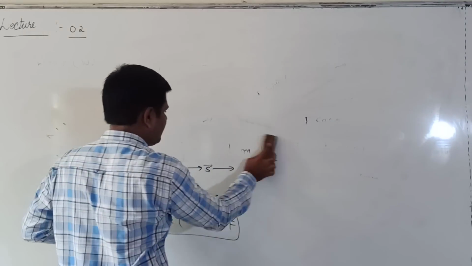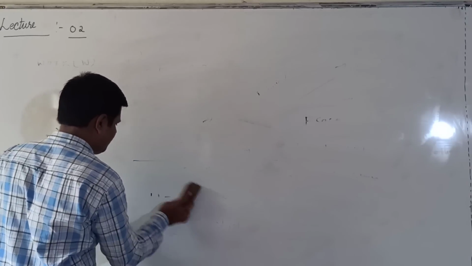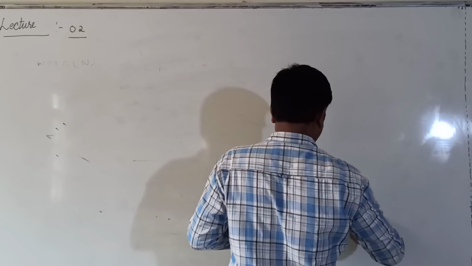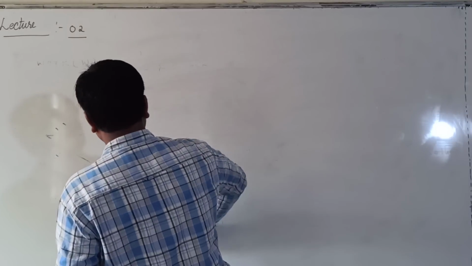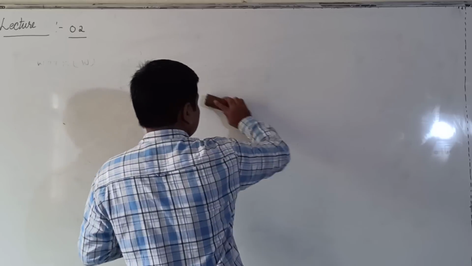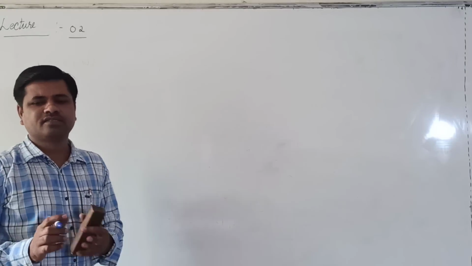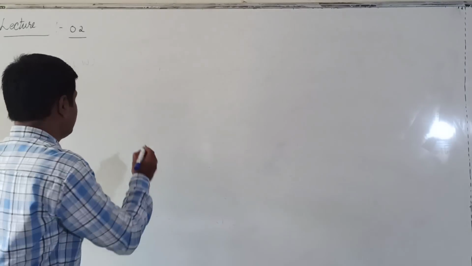Next we will discuss the units. You studied units in the previous classes, 8th, 9th, 10th classes. You know generally what the units are. Once again we will discuss that. What is the MKS unit? Here I am writing the MKS unit of work done.